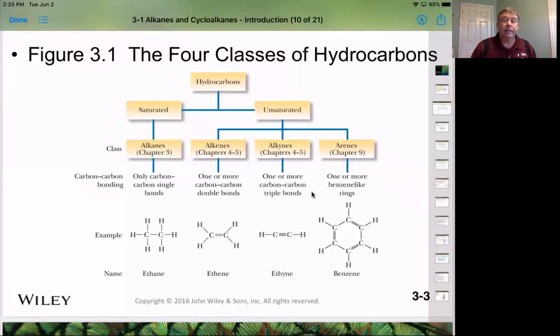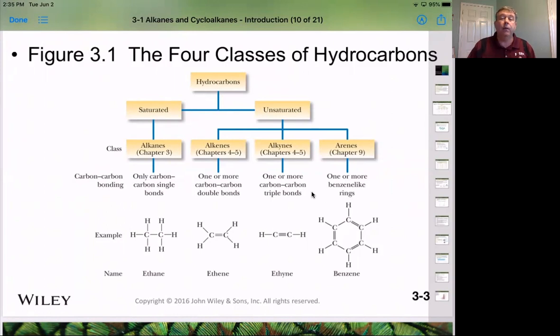Okay, the next thing we can have is what we call unsaturated, meaning that we have removed at least two hydrogens such that we have to form more than a single bond between at least two of the carbons in the system. So if we had a single double bond anywhere in the system, we would have what we call an alkene, where we have at least one or more carbon-carbon double bonds.